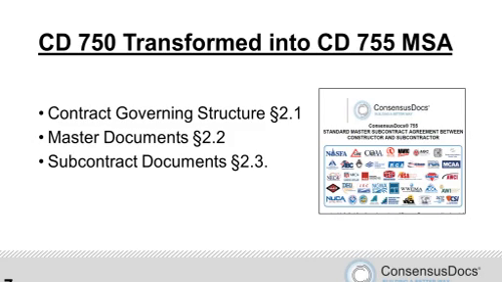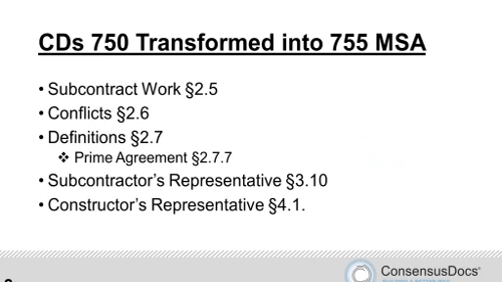So the subcontract documents are going to include not only the MSA and its exhibits, but then also the project work order, its particular exhibits, the prime agreement, and on down, all of the typical provisions, elements of a definition of subcontract documents that you see in the 750, for example, carried over here. Next, let me go to the next slide here.